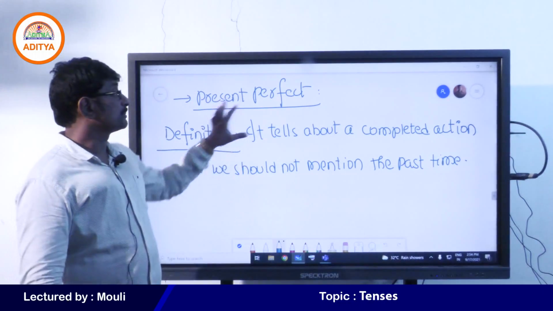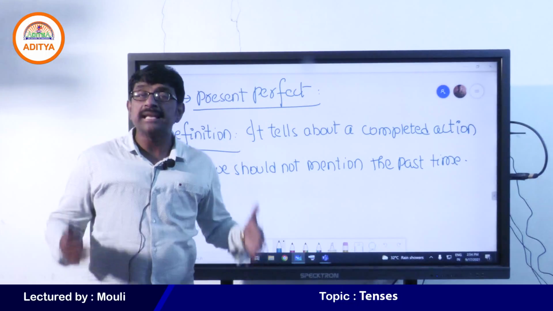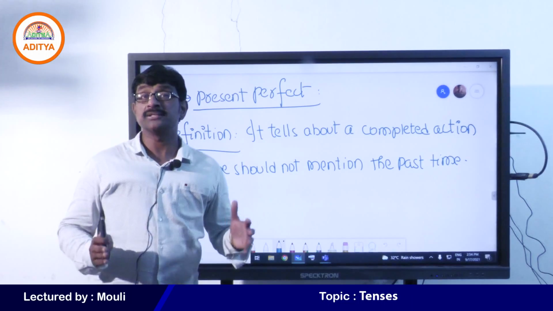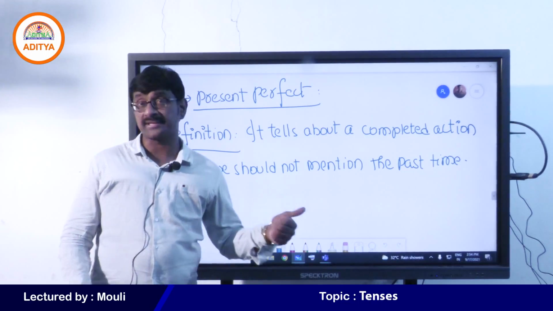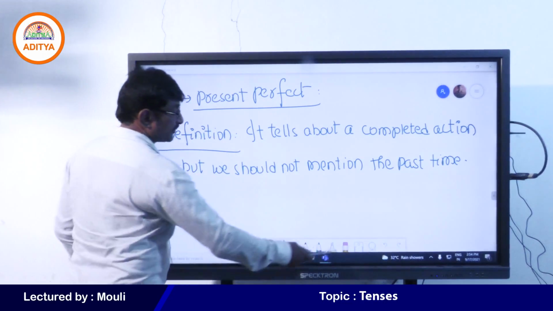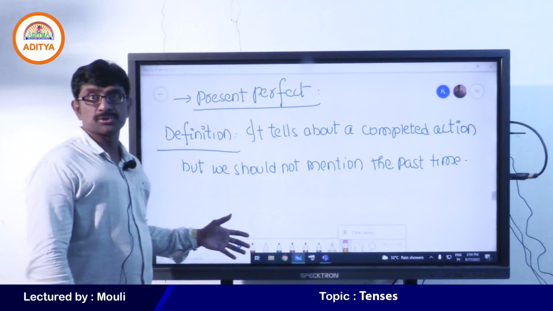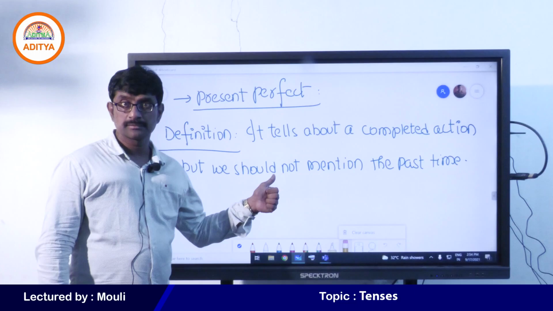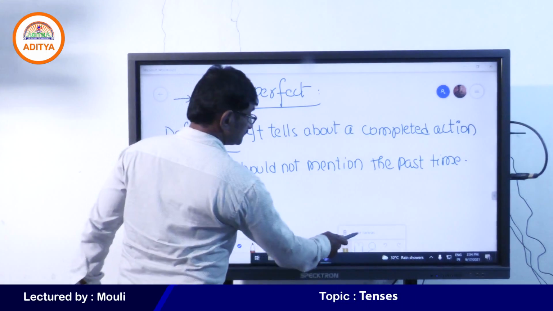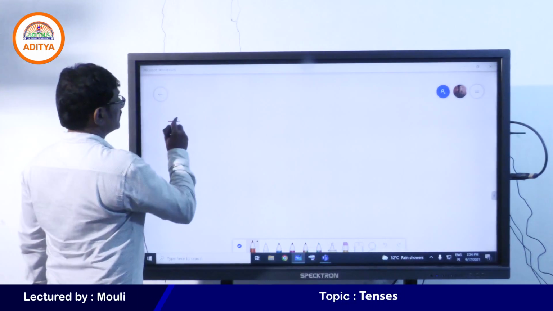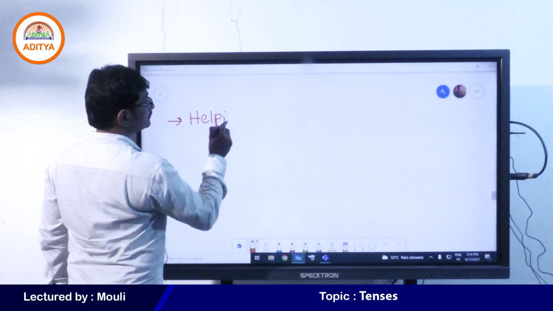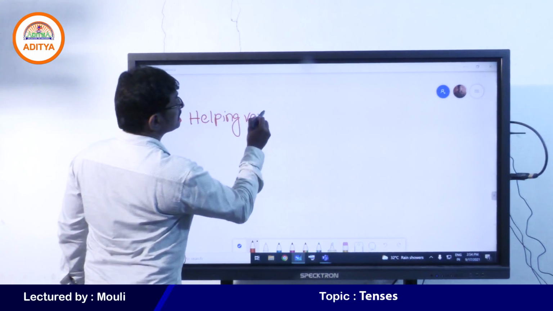Okay, students? So, present perfect. What are the elements? That means what kind of verbs will come in present perfect tense? Let us have a glance at this. Okay, now I am clearing off this board, students. So, in present perfect, what are the helping verbs?